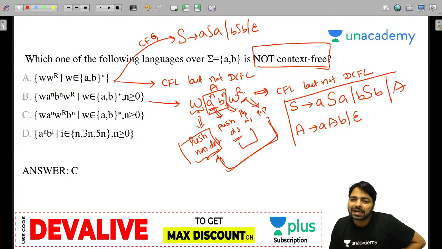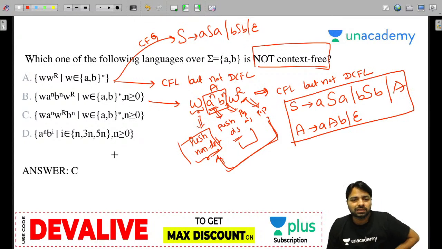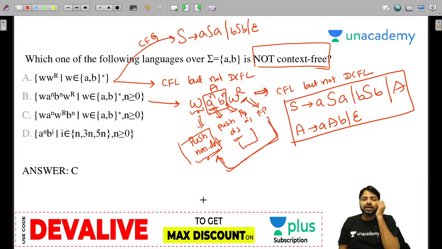And this is the grammar for option B. Capital A will take care of a^n b^n, which comes in between w and w^R. Look at that, guys. No need to design a PDA, right? You can write a context-free grammar to prove it is a CFL. But only for DCFL you will have a confusion. Fine. It is also CFL.